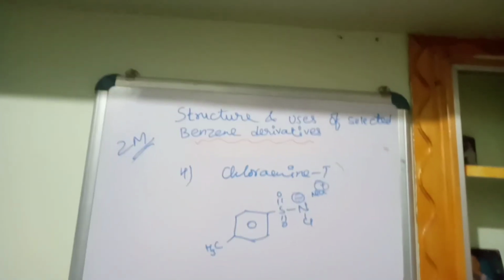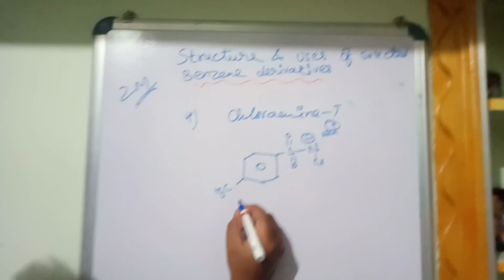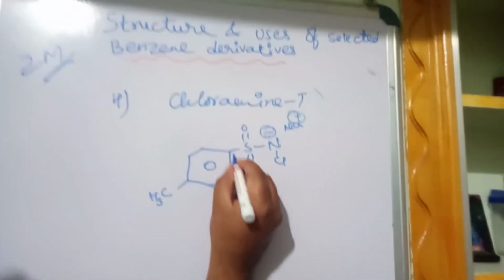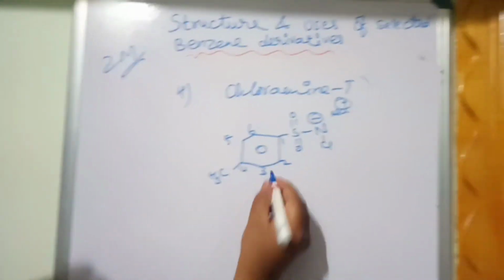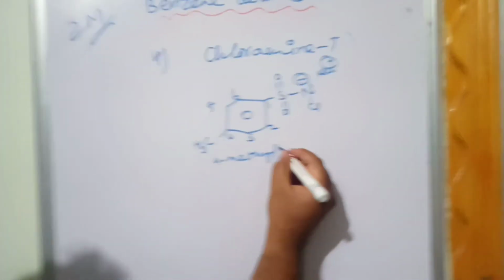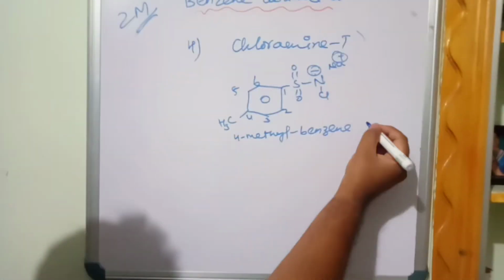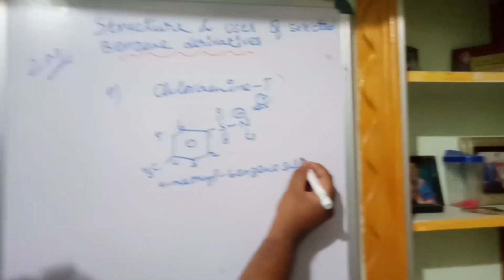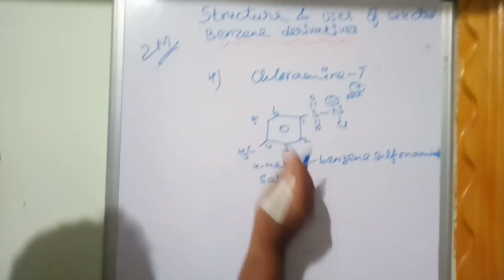Benzene 4-methyl, means it is 1, 2, 3, 4, 5, 6. This is a way of numbering. Its name is 4-methyl benzene sulfonamide salt. This is an IUPAC name of this chloramine T.